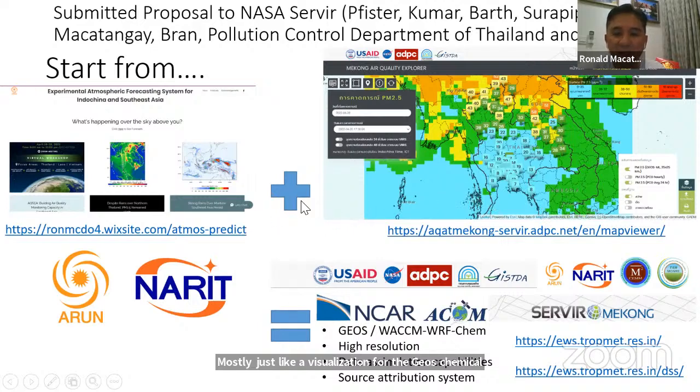We'd like to combine that, together with NCAR, to further improve our system, together with government data, reference sensor data, probably also low-cost sensors in the future, and some data assimilation capabilities. Basically, we just want to do something similar to what was done for a similar system in India, for Indochina as well. Thanks, that's all.